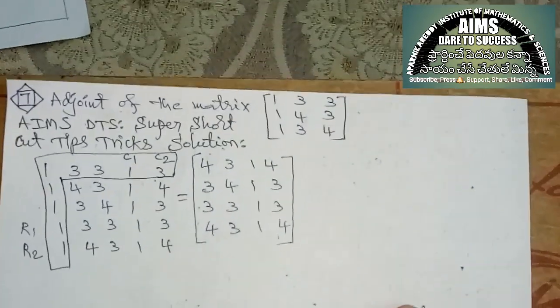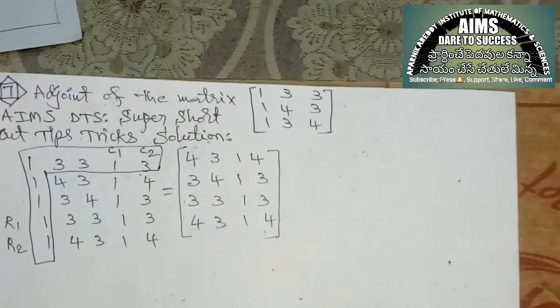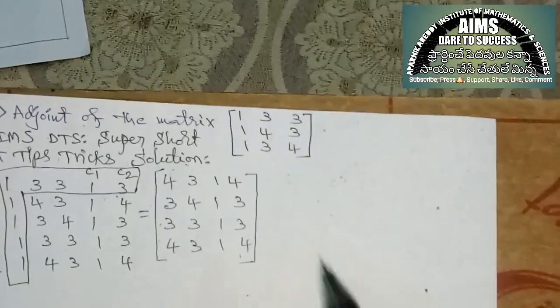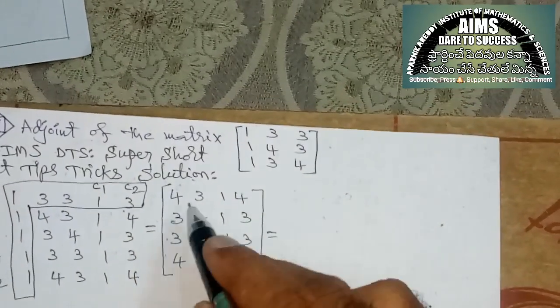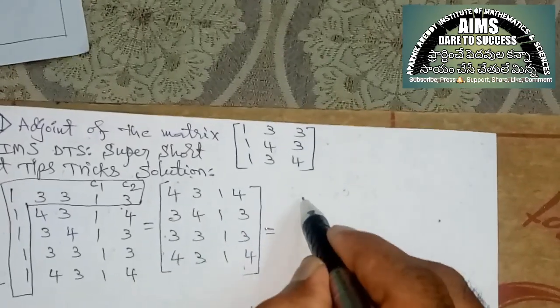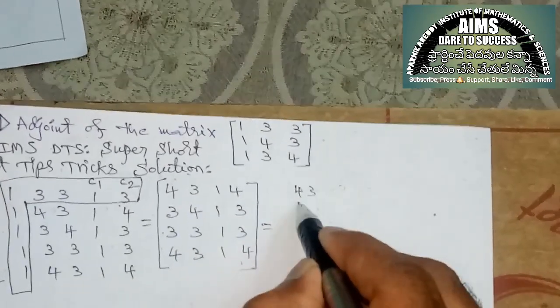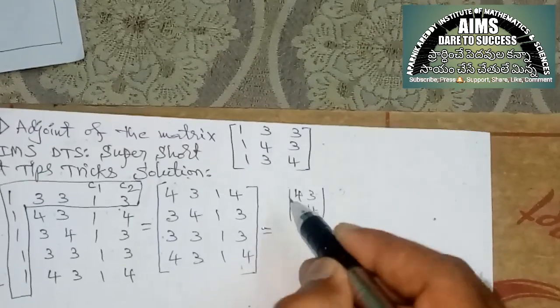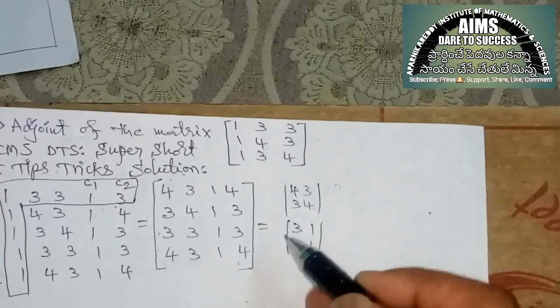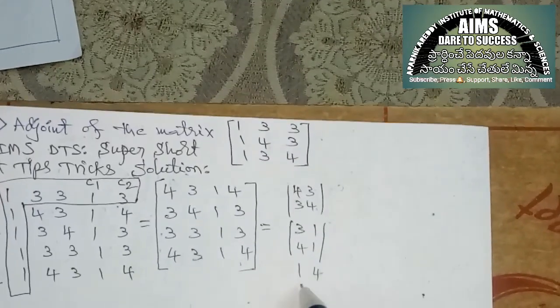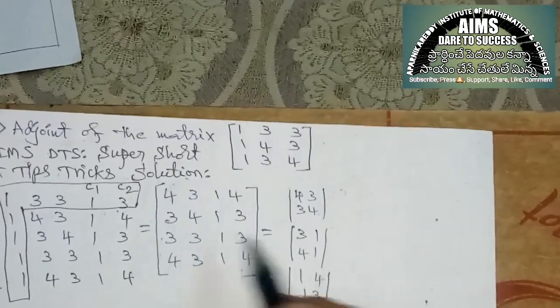I think you like this method with my explanation. So next, assume row 1 and row 2 and write in the first column: 4, 3, 3, 4. Next 3, 1, 4, 1. Next 1, 4, 1, 3.